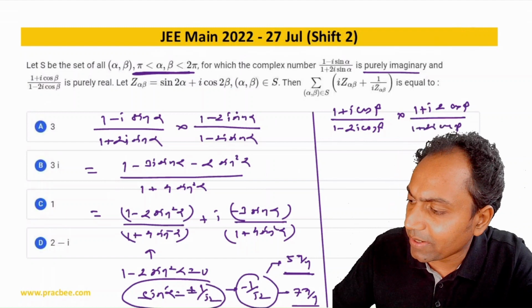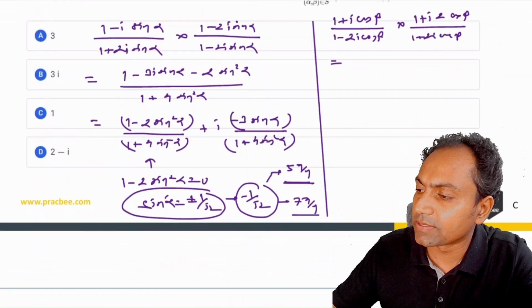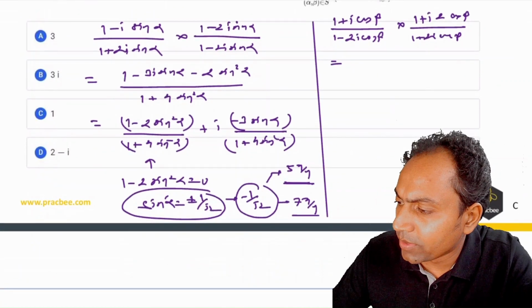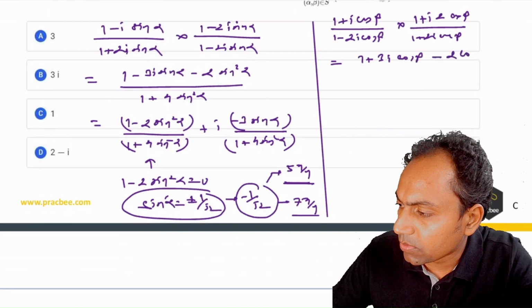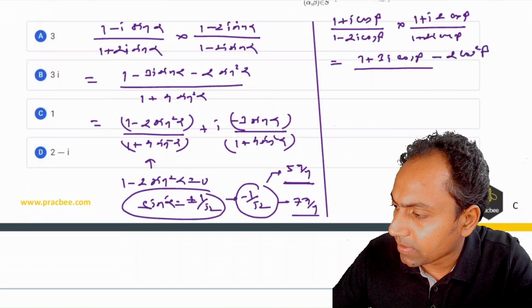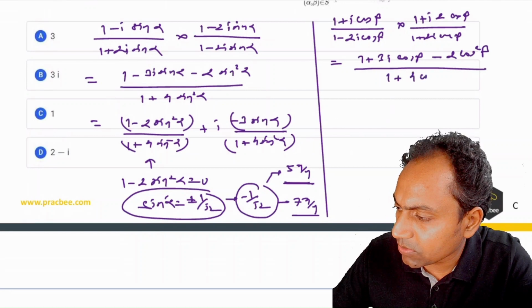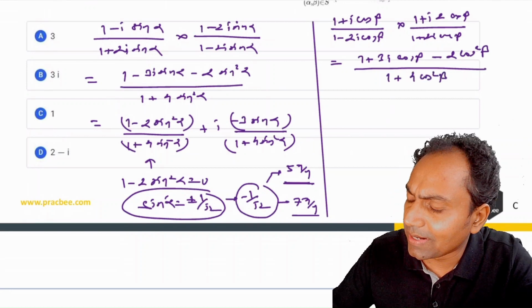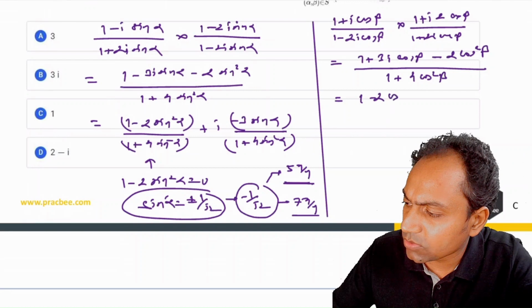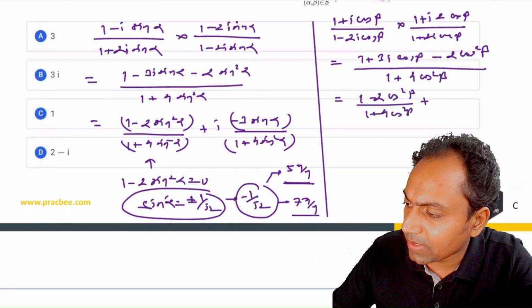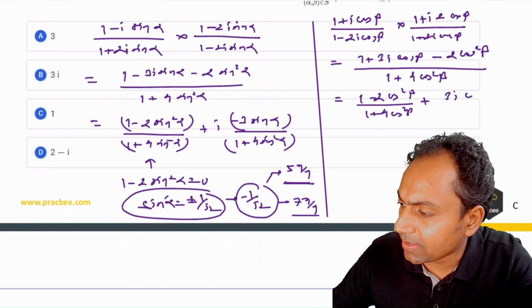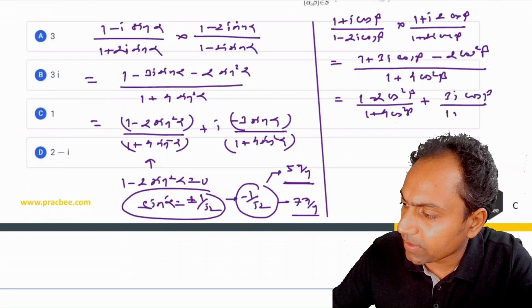If we multiply and divide by the same quantity, in the numerator we get 1 plus 3I cos beta minus 2 cos square beta, and in the denominator we have 1 plus 4 cos square beta. So you can see that the real part comes out to be 1 minus 2 cos square beta by 1 plus 4 cos square beta, and the imaginary part comes out to be 3I cos beta by 1 plus 4 cos square beta.